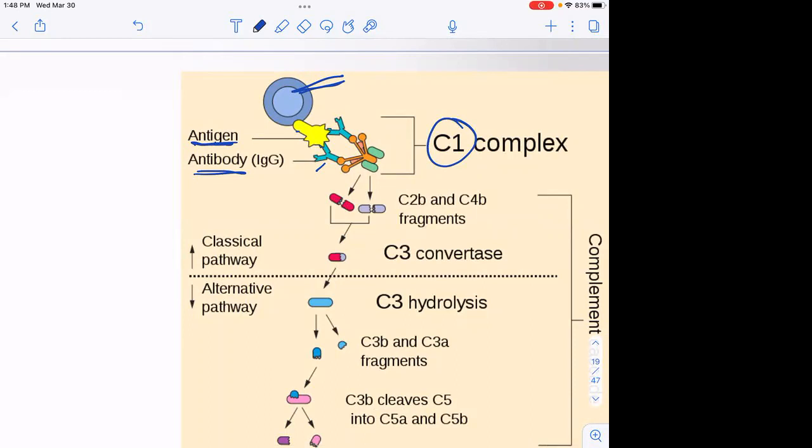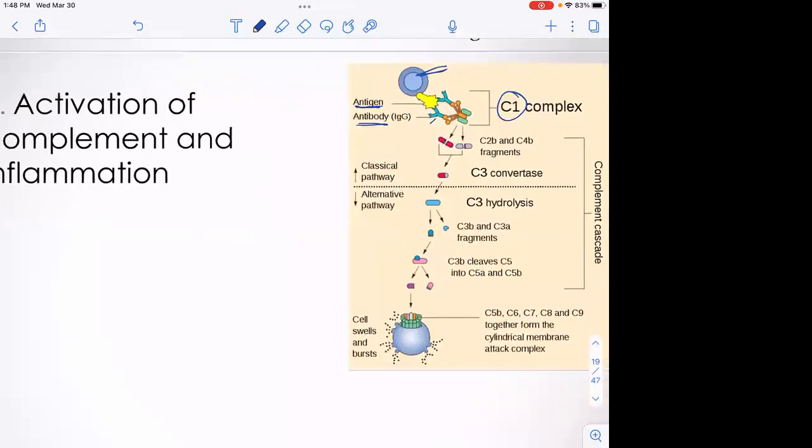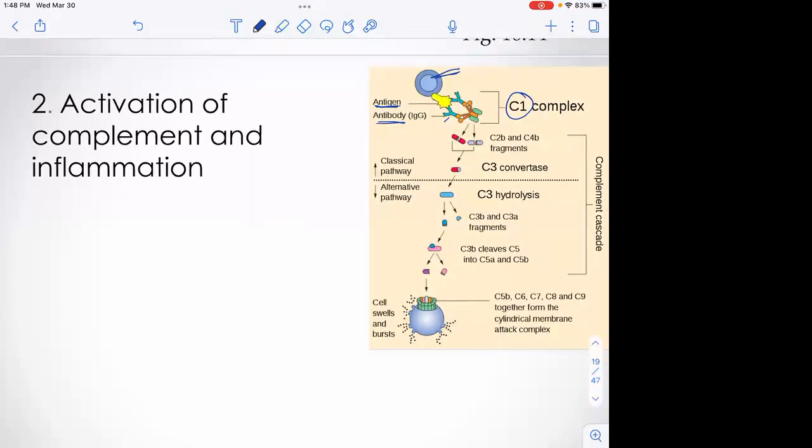Remember that we call that the classical activation pathway of complement. It's actually something in the stem of the antibody, the Fc region of the antibody, that activates that first protein, C1, in the classical activation pathway.